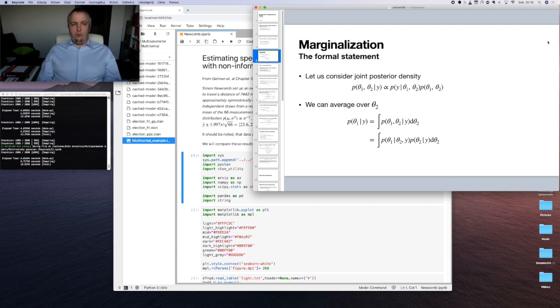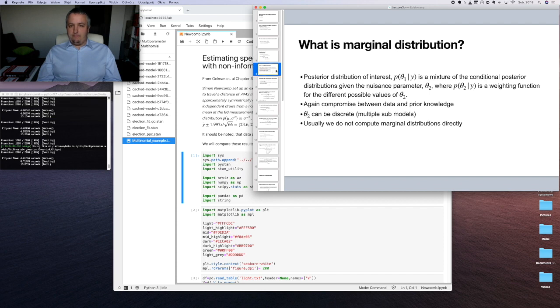So what we will be doing is taking samples of our distributions in order to marginalize our distribution by sampling. And what is the marginal distribution anyway?